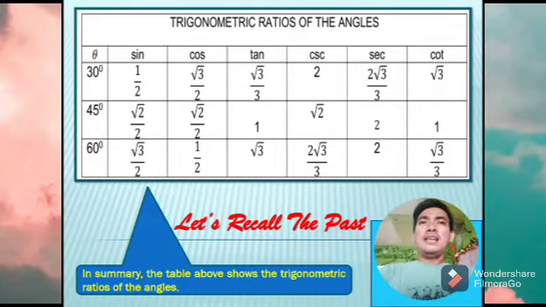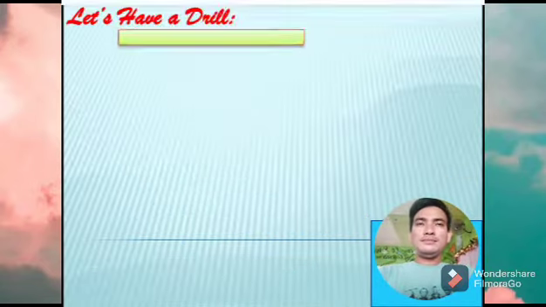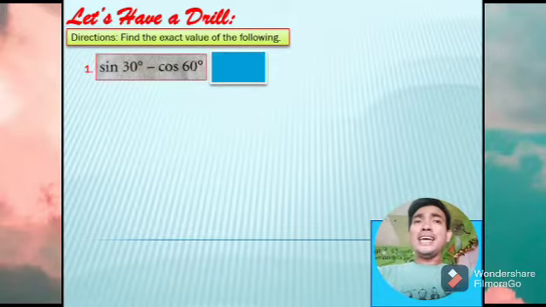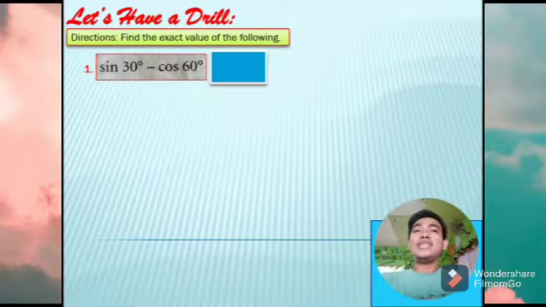Alright, so let's now have a short drill, wherein, with the directions, we are asked to find the exact value of the following. Let's start with number 1. Sine 30 degrees minus cosine 60 degrees. Sine 30 degrees is equivalent to 1/2, and cosine 60 degrees will also be equal to 1/2.